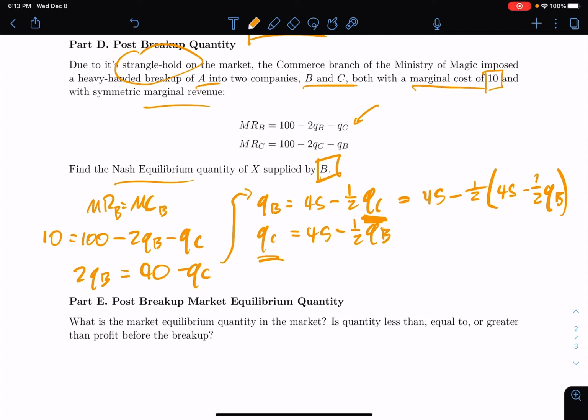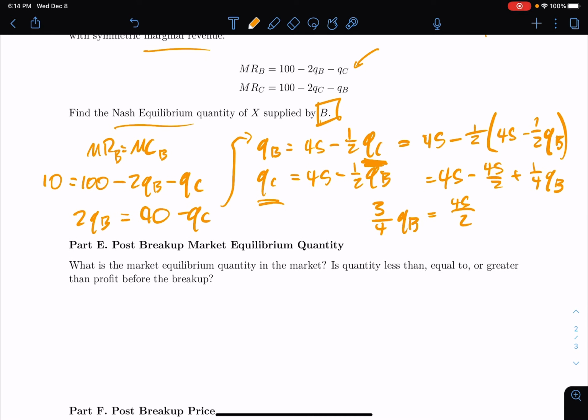So this means we can just expand. We get 45 over 2 plus 1/4 QB. So this means we have 3 over 4 QB is equal to 45 over 2.